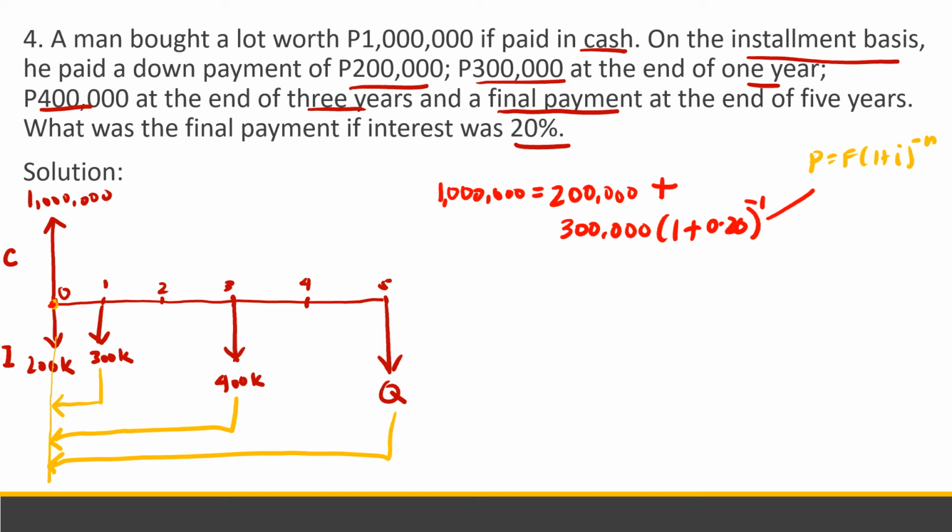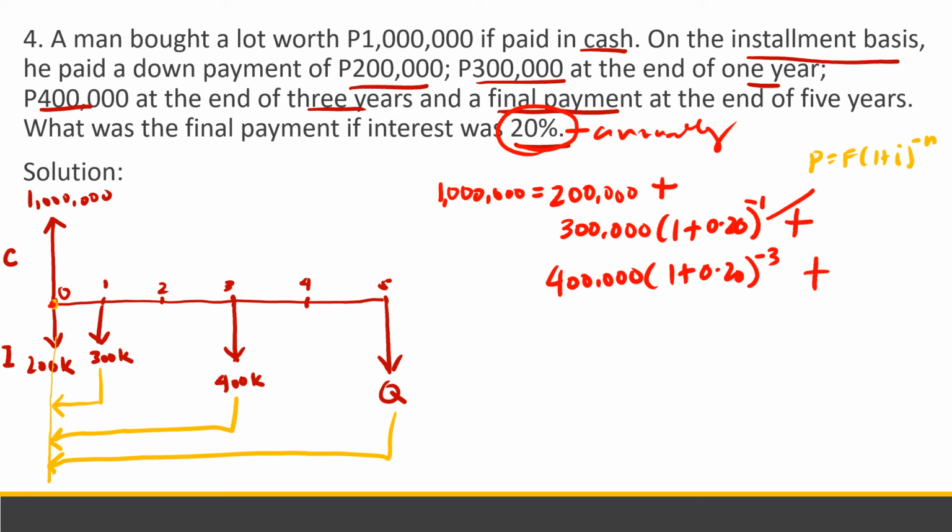And then plus 400,000 times 1 plus 20% to the power of negative 3, since there are 3 years.